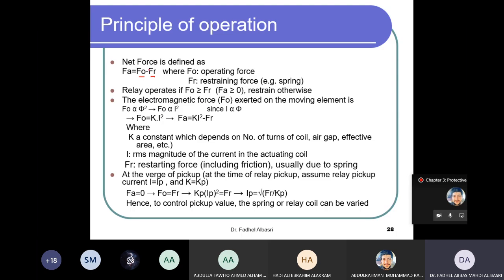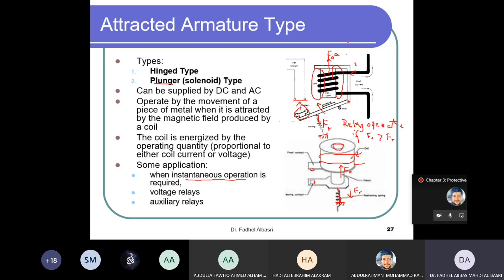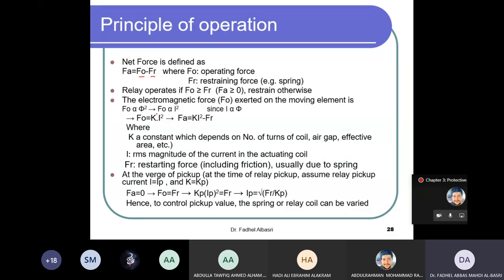Now, to know the operating force: it is proportional to the flux squared, and the flux is proportional to the current. So the operating force depends on the square of the current, and from that I can say the operating force is equal to a constant times the square of the current.